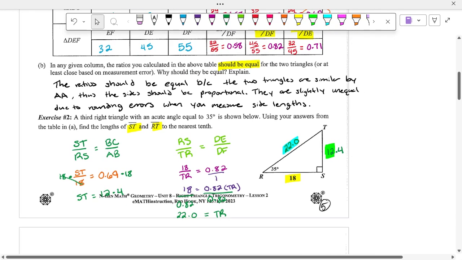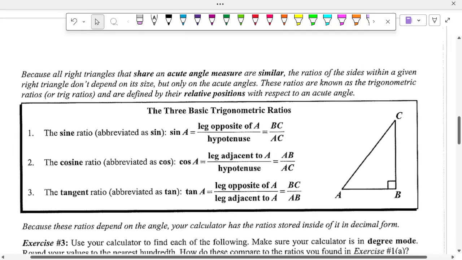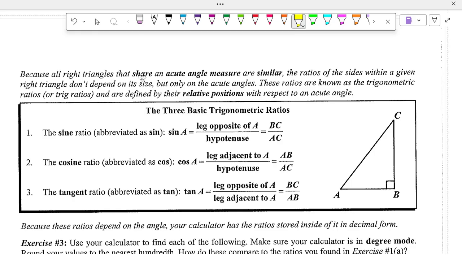My question was, what do you think we're going to do if we don't have another similar triangle to reference? What we're going to do is use our trigonometric ratios. What the trigonometric ratios are is because all right triangles have to share an acute angle measure and are similar to some other right triangle.